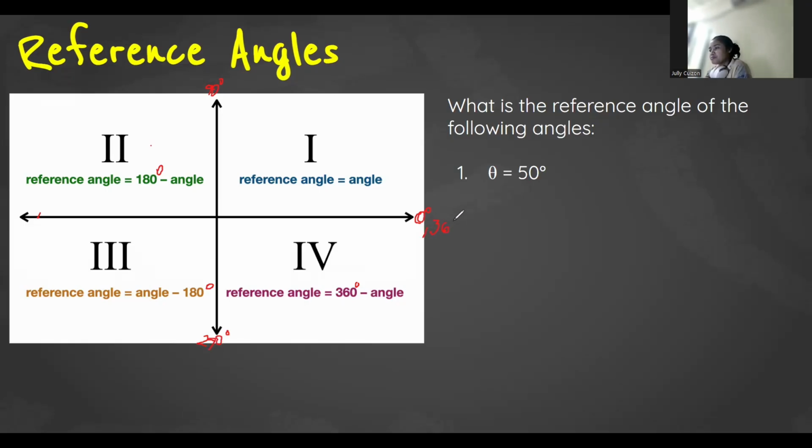So from 0, you count toward here. This is 50 degrees. Theta is equal to 50 degrees. This is your given angle.